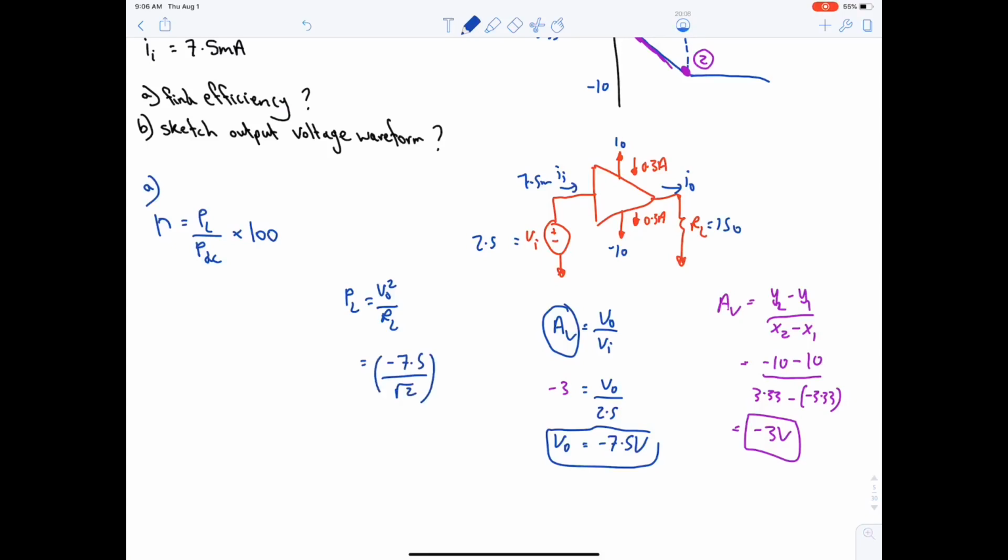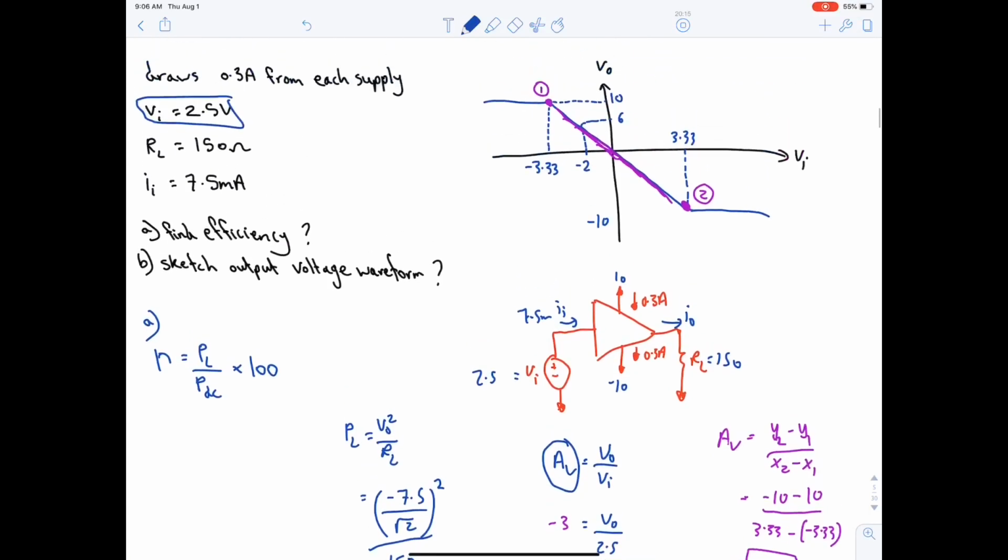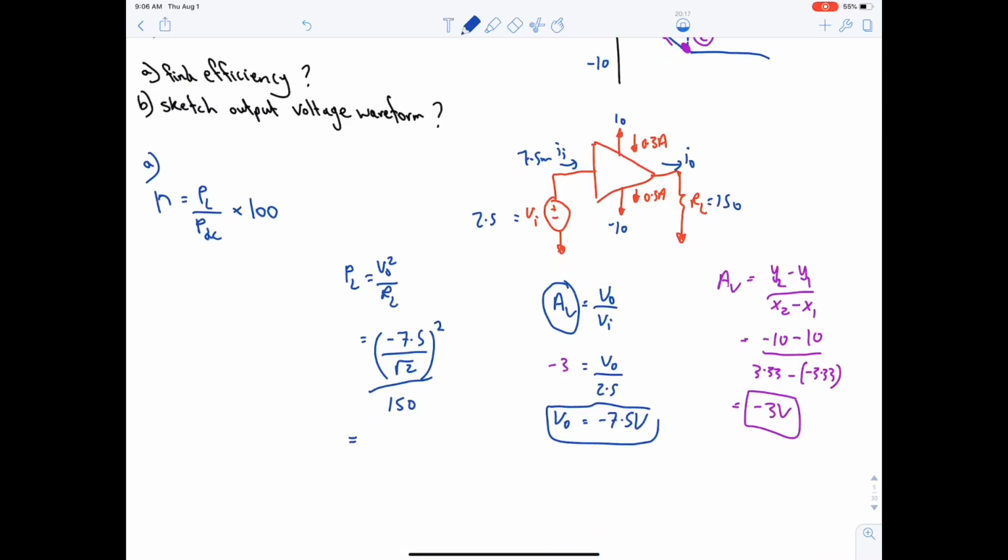We have to put root mean square because we're finding PL, and RL is 150. Yes, so PL is 187.5 milliwatt.